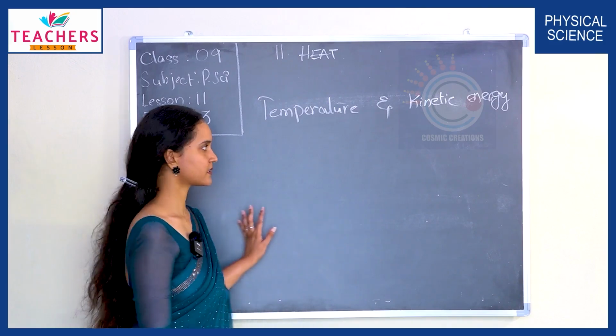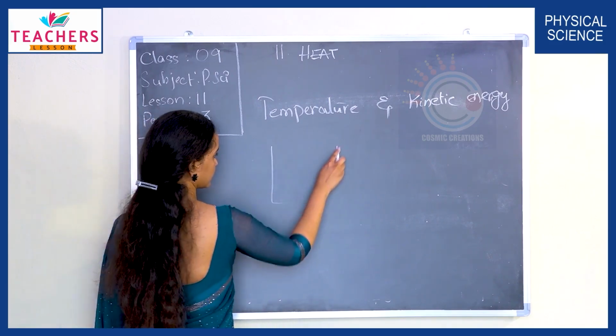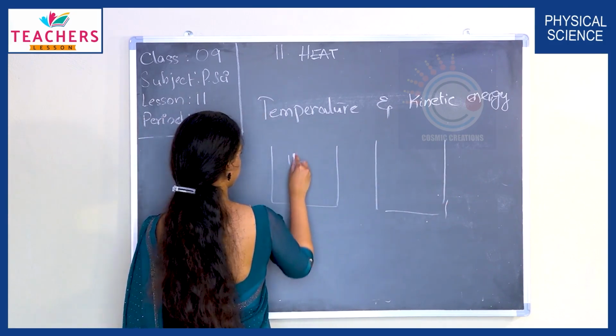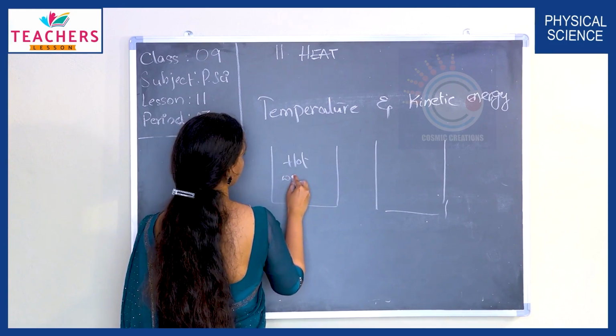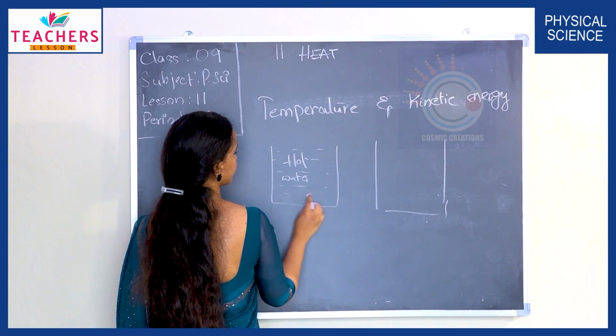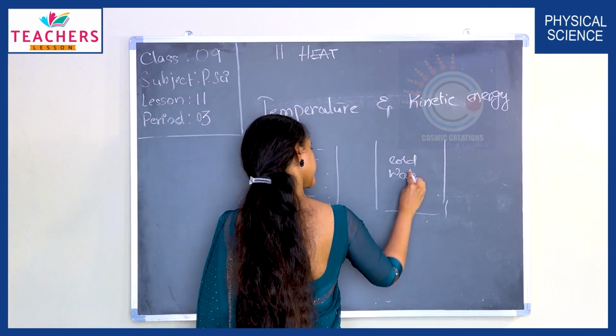To understand this in a better way, let's look at a simple experiment. Again, let's take two beakers, one filled with hot water and one beaker filled with cold water.